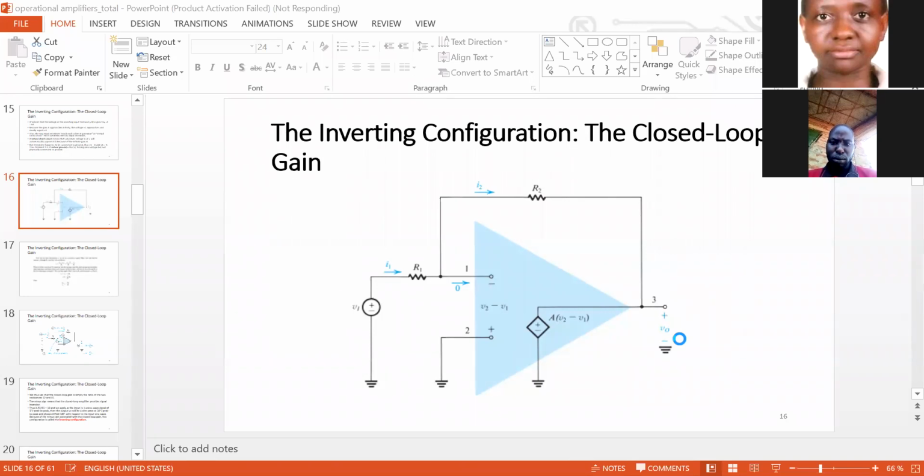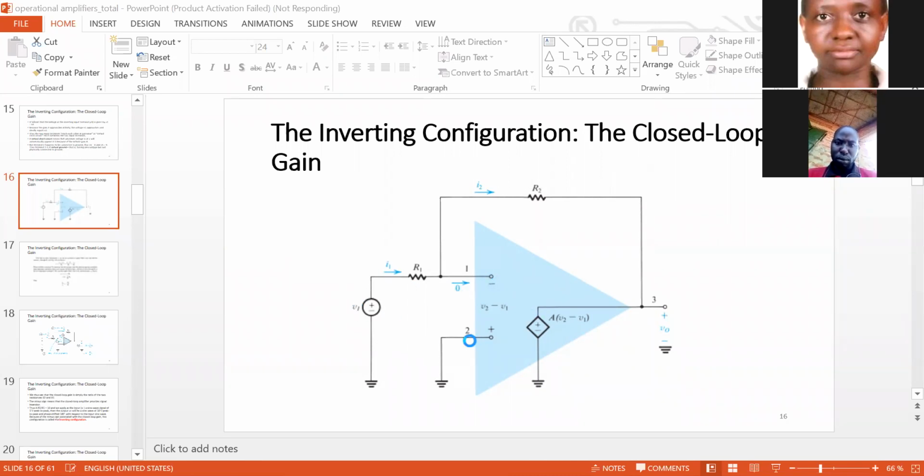We see that we have an input VI, that's an input voltage. It is applied through a resistor R1, and R1 is connected to the inverting input terminal.